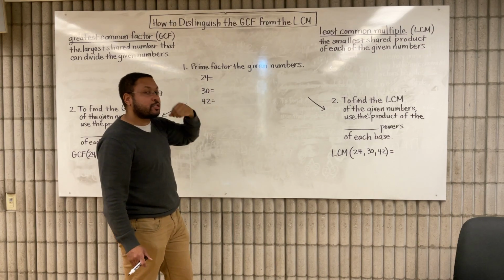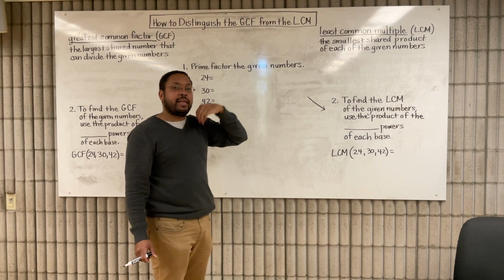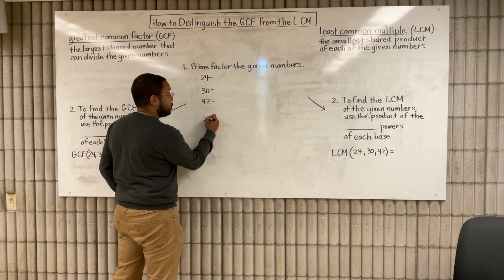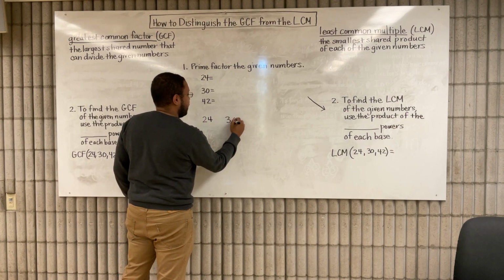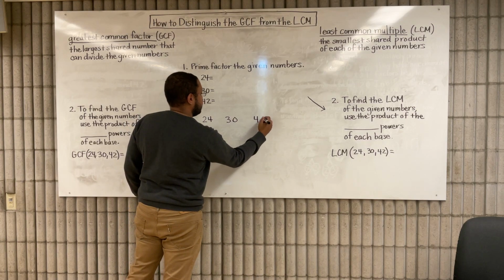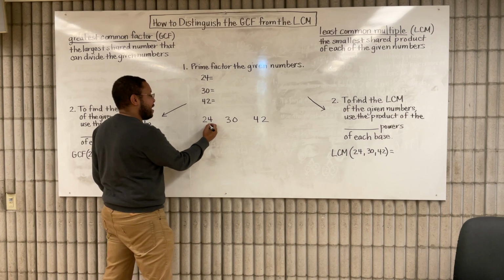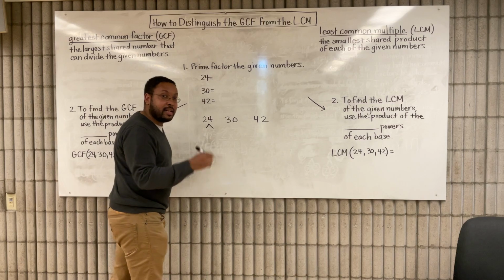So something times something, and the numbers we write in those blanks are going to be just prime numbers. One tool we can use to help us do that is factor trees, for the prime factorization of 24, 30, and 42. Factor trees are tools we can use to break down a number if it's composite and circle the number if it's prime.